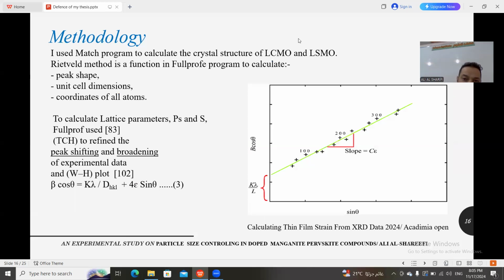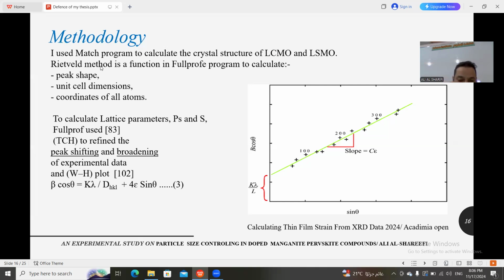Here, after taking the result from X-ray diffraction, I used match to calculate the crystal structure of these two structures. After that, the Rietveld method, sorry. What is it?